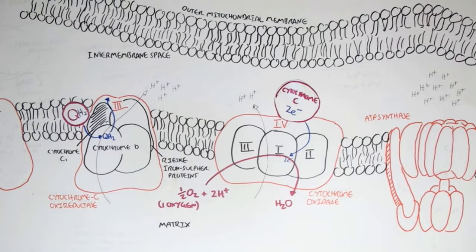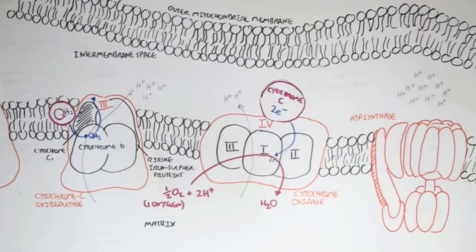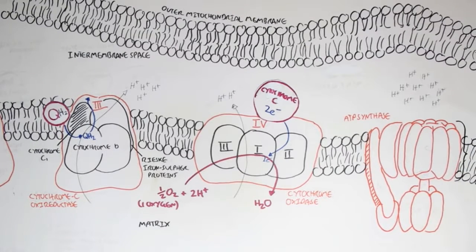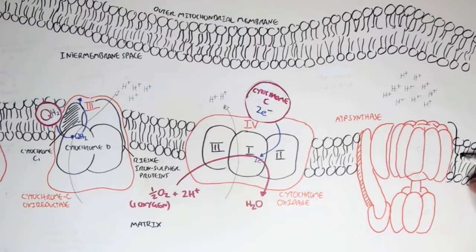And also this creates 1 water from complex 4. And so what do we do with these 10 hydrogen ions in the intermembrane space? Well, they will go through the ATP synthase, complex 5, to produce ATP.